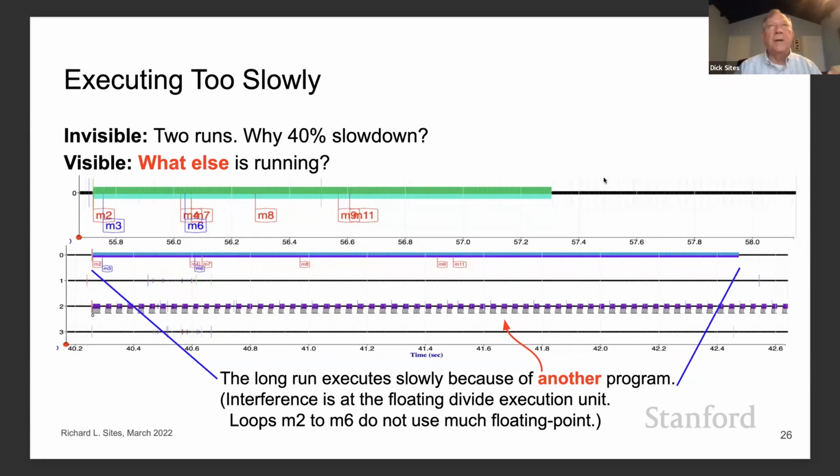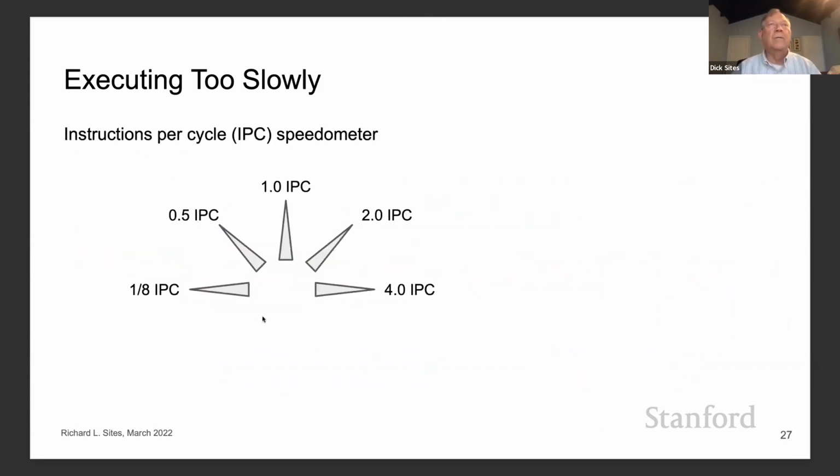If we look in more detail at a little bit of this, first I'm going to show you little speedometers of instructions per cycle. Part of the tracing is that at every transition, I record not only a timestamp but the number of instructions that have been retired.